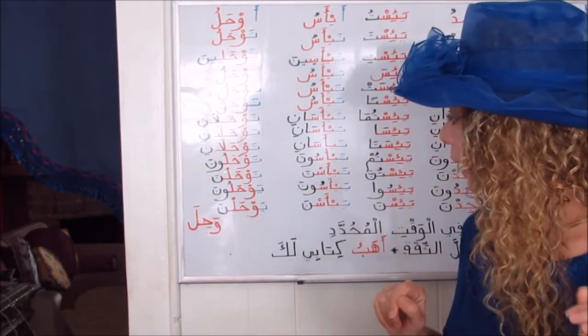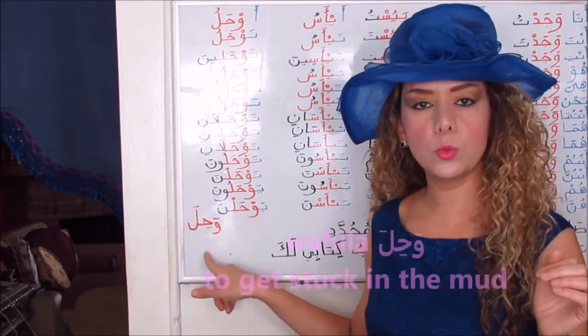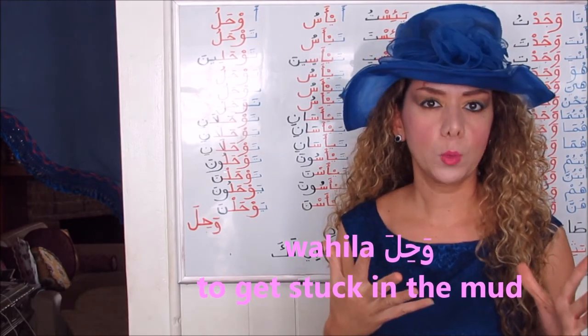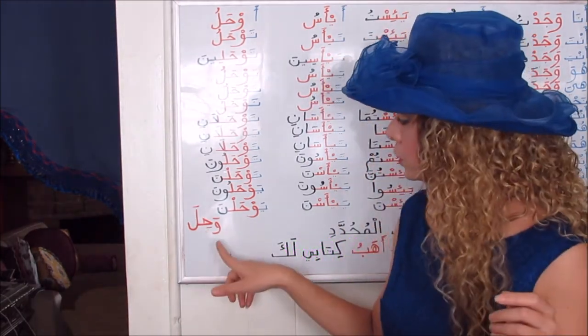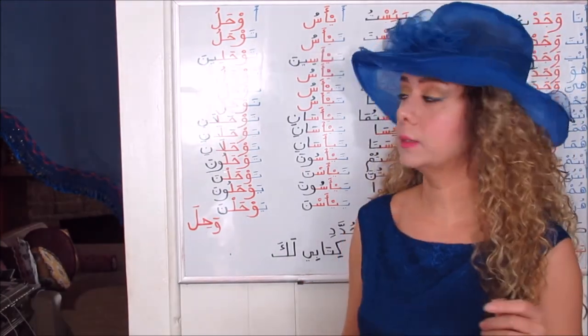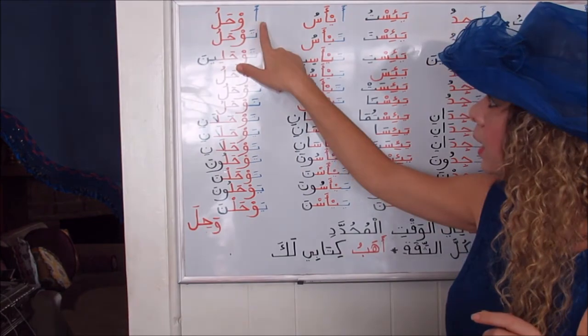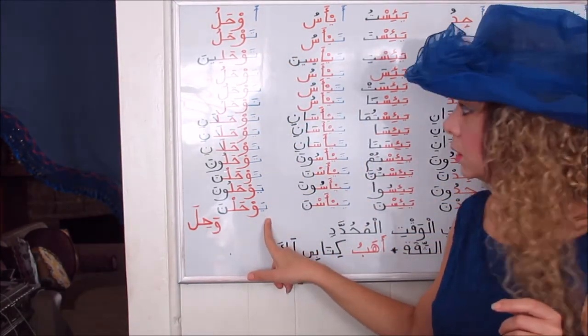And here we have an example with the verb wahila. Wahila means to get stuck in the mud. So with this verb, the first radical is not dropped in the imperfect. So we have our prefixes, all right?